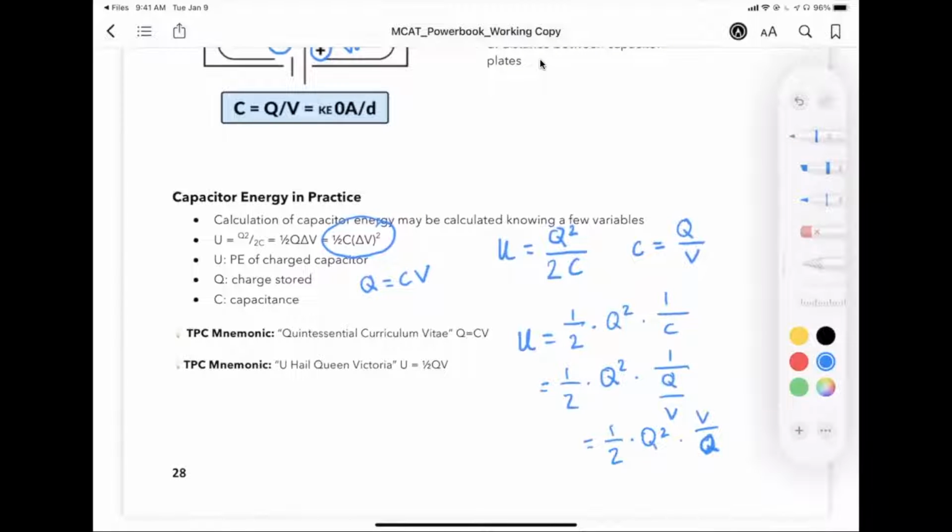And then cross out a Q, we get 1/2 Q times V, right? So that's how you get the second equation right here. Okay, awesome.